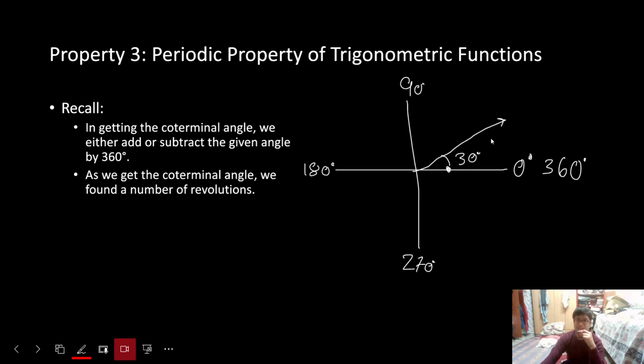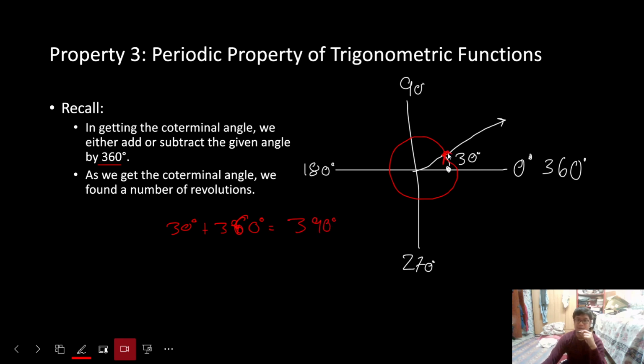So to get the coterminal angle of 30 degrees, I can just add 360 degrees. It seems like you're going to revolve here. Adding 30 degrees and 360 degrees, you will have 390 degrees.